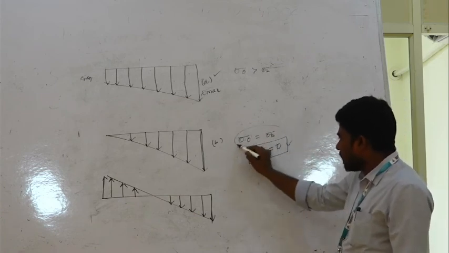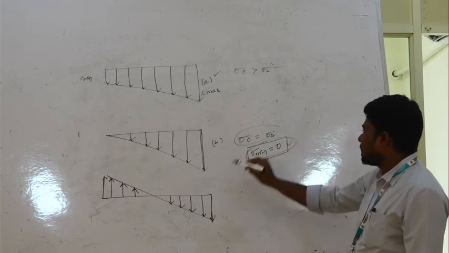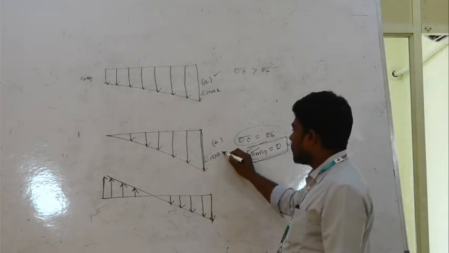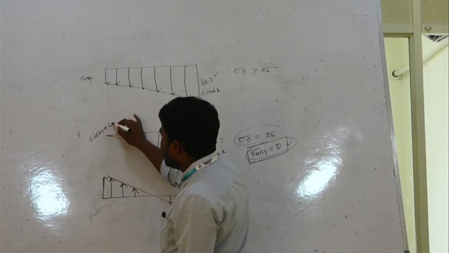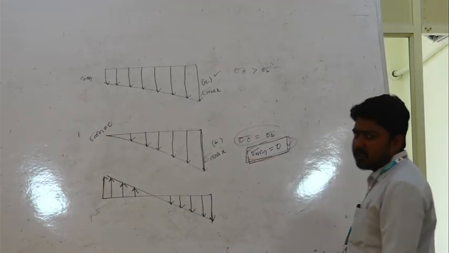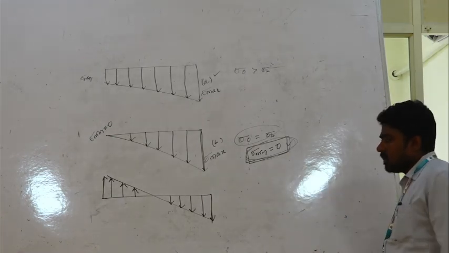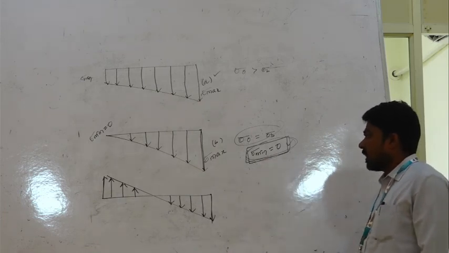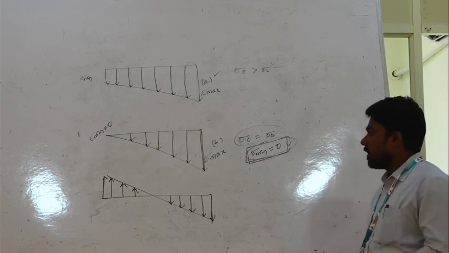Under this condition, the minimum resultant stress, sigma minimum, equals 0, with a maximum stress sigma max. This is the most important condition. It represents the no tension condition or middle third condition, which helps to find the core of the section; we will discuss it further.